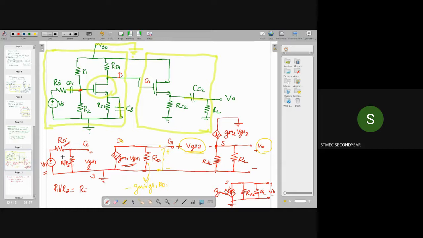By applying the voltage division rule, VGS1 is actually the voltage drop across this parallel combination of R1 and R2, or simply the voltage drop across RI. So by applying the voltage division rule, VGS1 will be equal to what? VSI into RI divided by RSI plus RI.